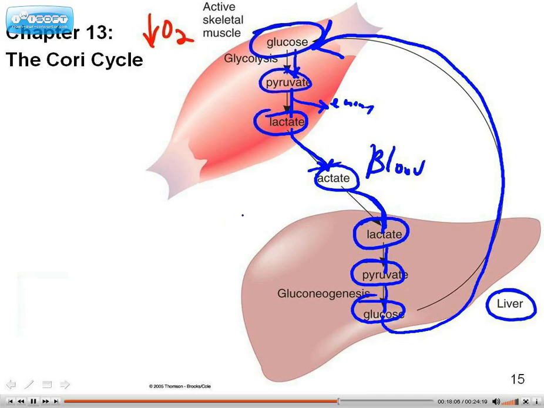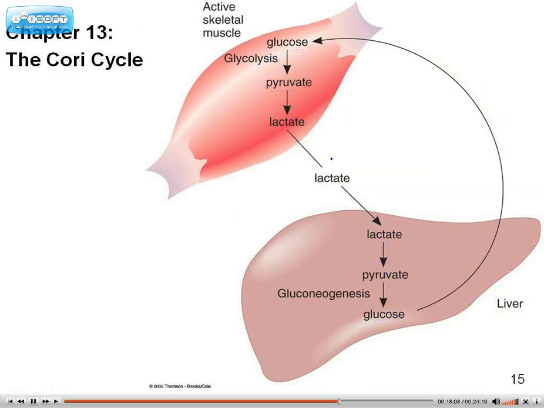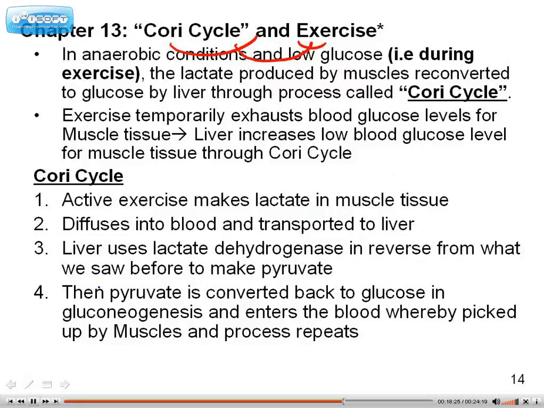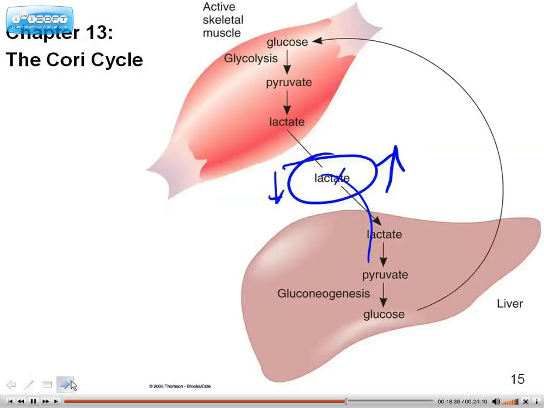So, eventually, it's a losing battle, and you'll have high amounts of lactate build up. And eventually, you'll just simply have to slow down and get more oxygen, which eventually the lactate will then start to diminish, and you'll go back to your normal aerobic respiration. So make sure you know all of these steps for the upcoming tests. So all of this should be put on your cheat sheet.